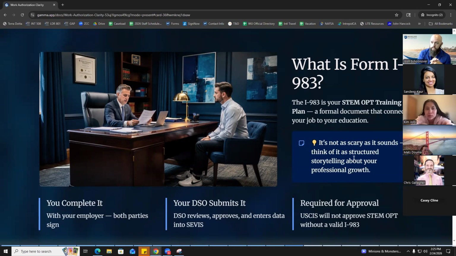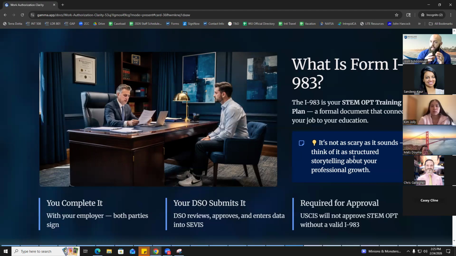The last 2 pages actually have a section for your 12-month update and your final evaluation, because you need to report your employer information every 6 months, and you need to do a new I-983 at the 12 and 24-month mark.